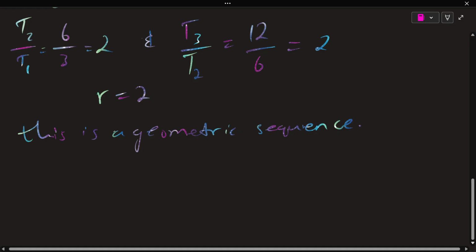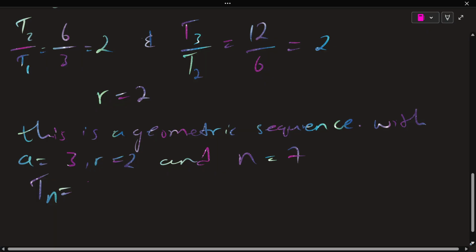It implies that this is a geometric sequence with A equals 3, R equals 2, and n equals 7. Remember, we have to find the seventh term, so we know that n equals 7.